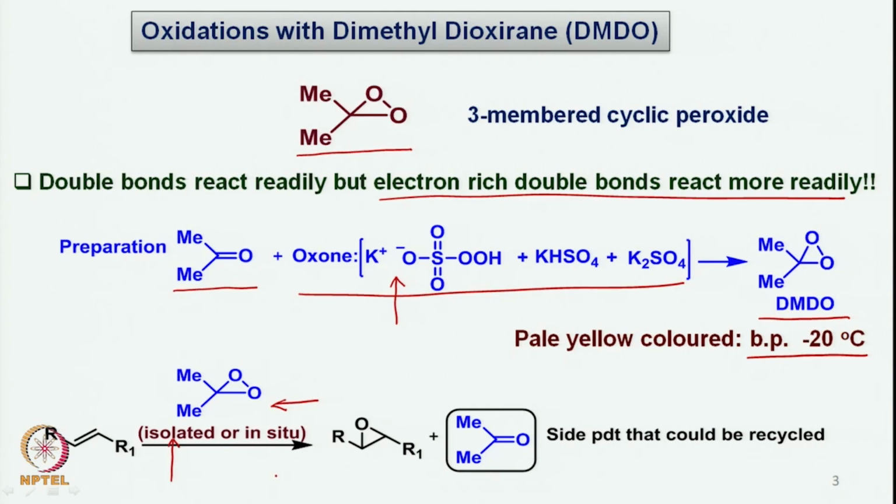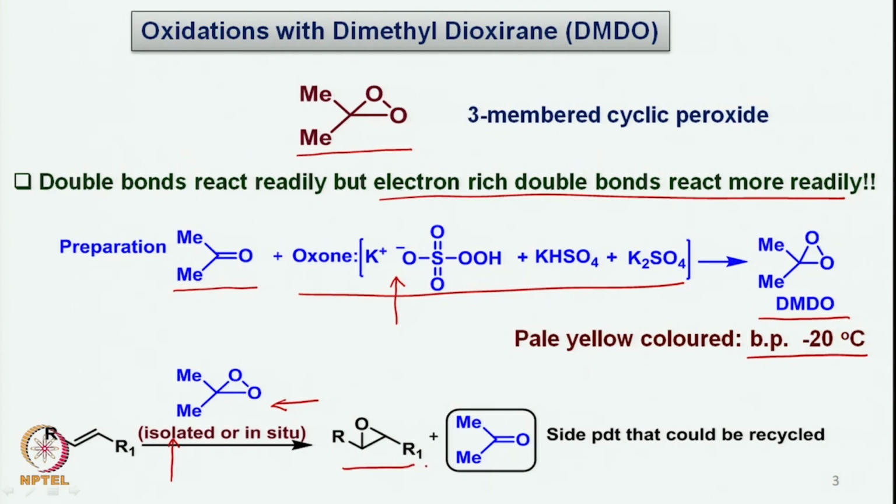In situ means inside a reaction we put acetone and also oxone, and as soon as the DMDO is formed, the DMDO reacts with the olefin and the epoxidation occurs. So, basically olefins react with this DMDO to form the corresponding epoxide.